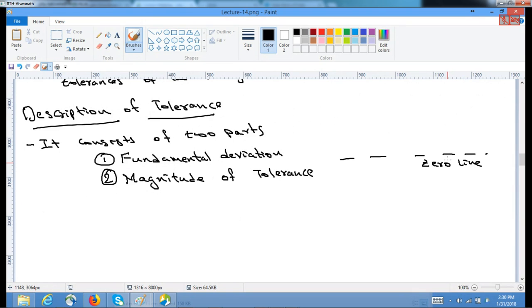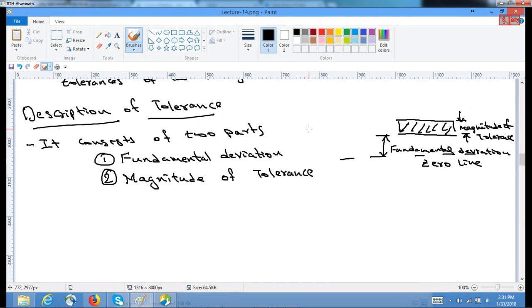Zero line is the line for the basic dimensions, and then this is the magnitude of tolerance, which will be varying from this place to this place, but this is the offset of this magnitude of the tolerance from the zero line, which is called fundamental deviation.